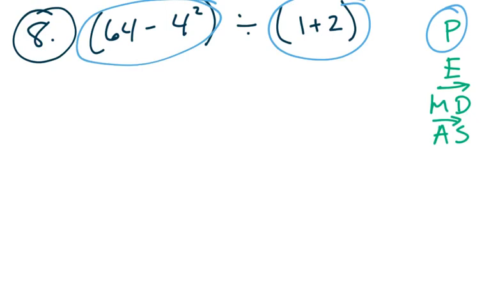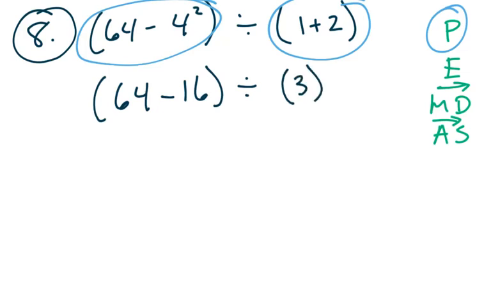But here we need to do exponents before subtraction. Number 1, number 2. So we're going to get 64 minus 16 divided by 3. And this is going to be 64 minus 20 is 44. So this is 48 divided by 3.